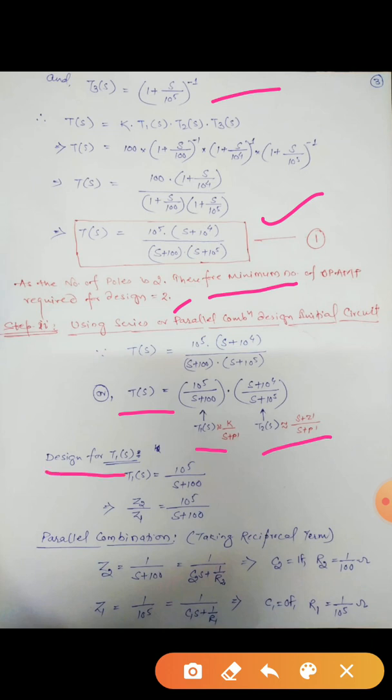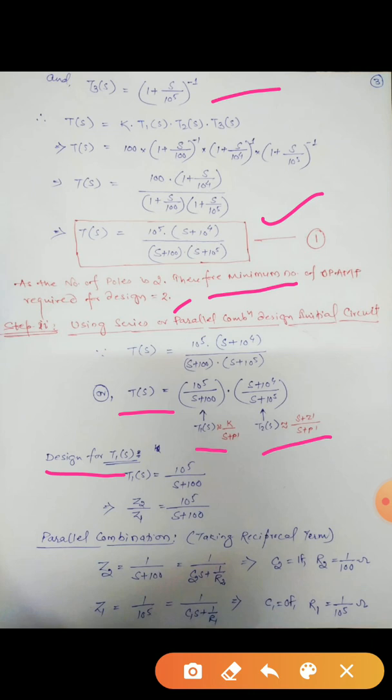So for each transfer function we will design each circuit diagram. First we design for T1 of S. T1 of S is equal to 10 to the power 5 divided by S plus 100. We are free to use the inverting or non-inverting terminal of the op amp, but I advise you, if it is not particularly mentioned, in most cases you choose to design with the inverting terminal of the op amp.